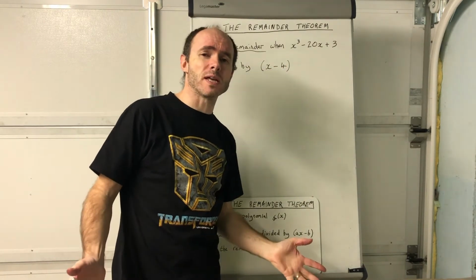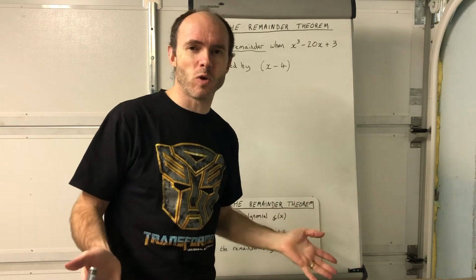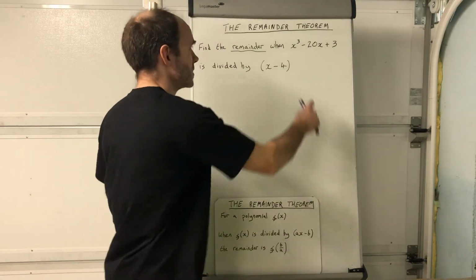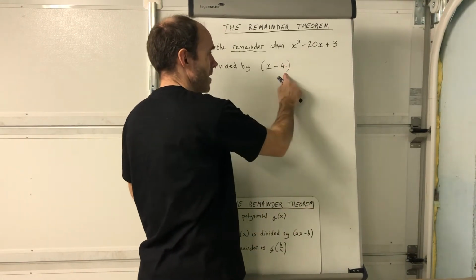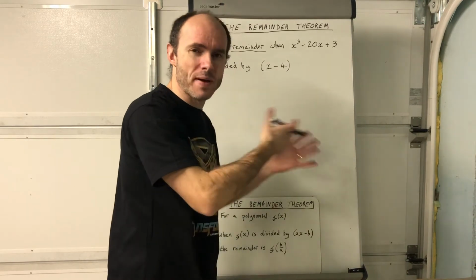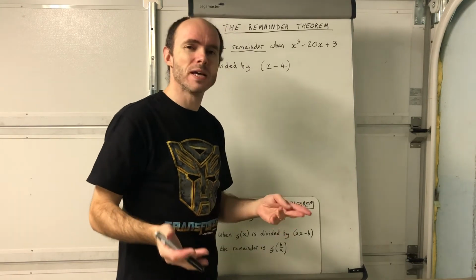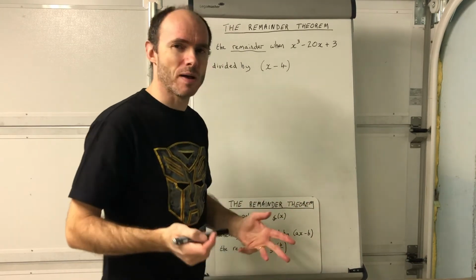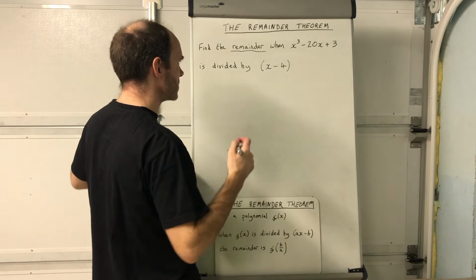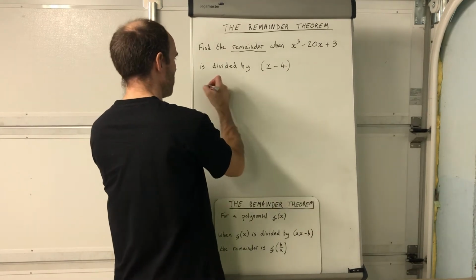So there's two ways of doing it essentially. You can use algebraic long division if you want. So what you need to do is do that divided by this, and then you get a remainder at the end. That's your answer. But what the remainder theorem does for us is it takes out a lot of time and hard work in doing that. All we need to do is find out what f of 4 is.